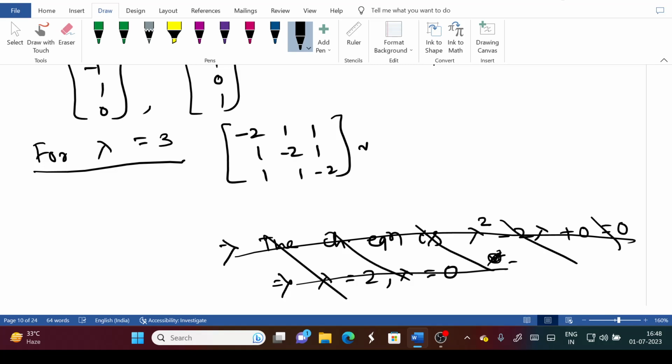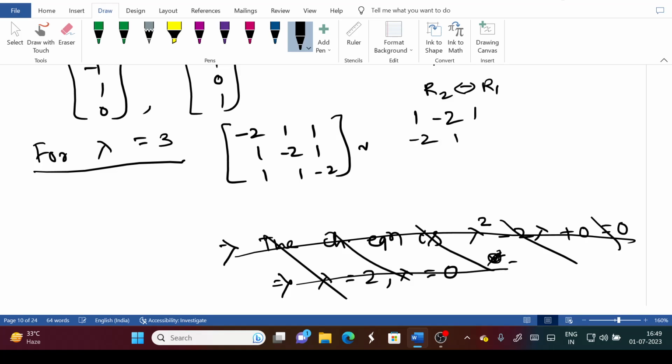Convert it into echelon form. First I will do a row interchange, R2 interchange with R1.